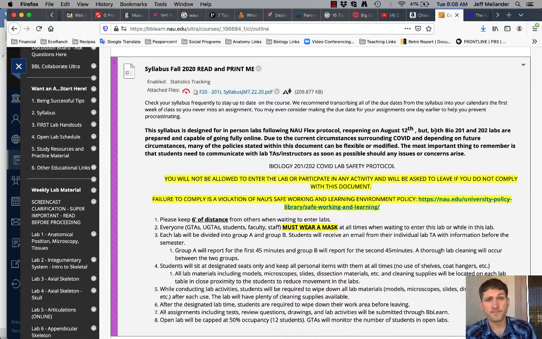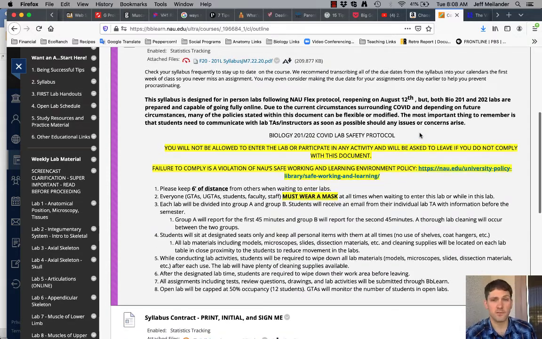I feel like this summer and semester have been like that so far. We think we're doing one thing, and then all of a sudden we get new policy changes, right? We were going to open face-to-face on August 12th, and now we're remote until August 31st, so who knows when that will change. So we put this disclaimer in here that things can change, be prepared. So if you have a student complaining to you, say, this is in the syllabus.